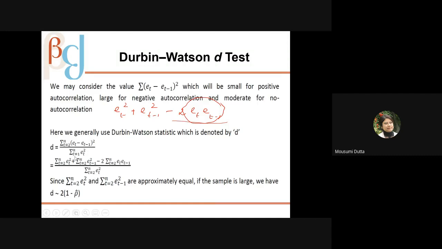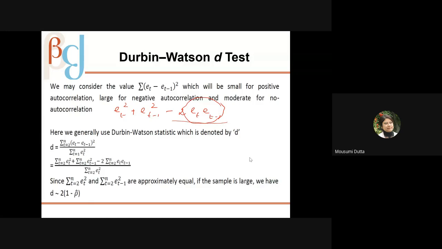So instead of 1 to n, you can replace it by 2 to n. For everything, the logic is the same. Since the sample is large, we will be able to make this kind of adjustment without losing any generality.